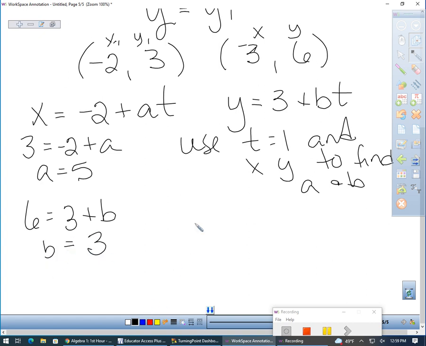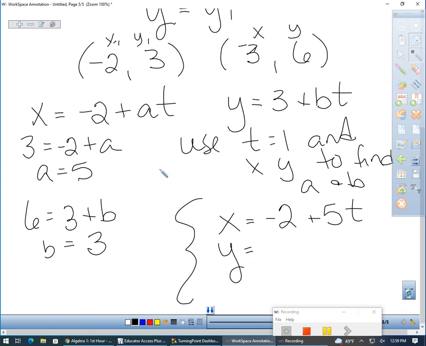So here are our 2 equations. First one is x equals negative 2, we said a is 5, and then you keep your t in there. Second equation, y equals, again, we have our y1 as 3, plus our b is 3, with our t.